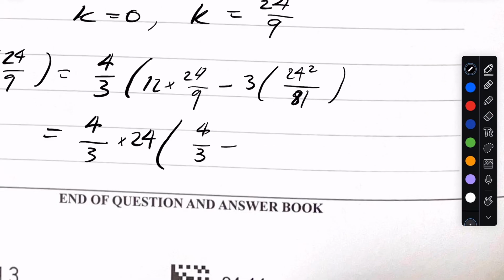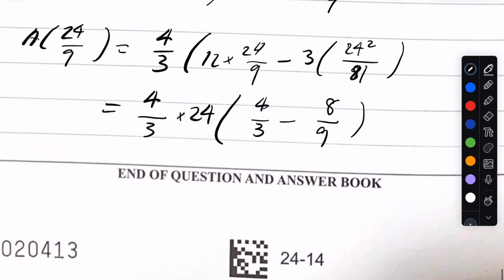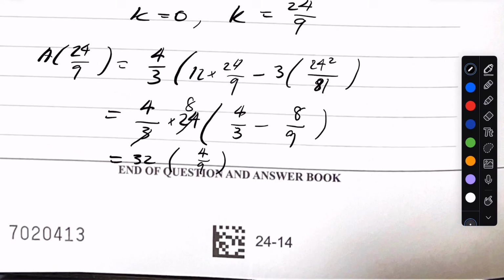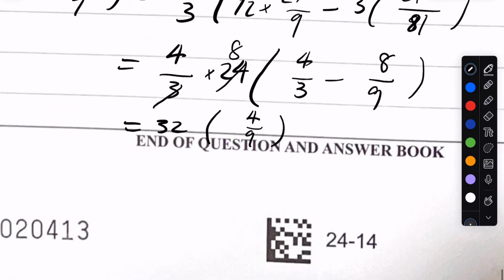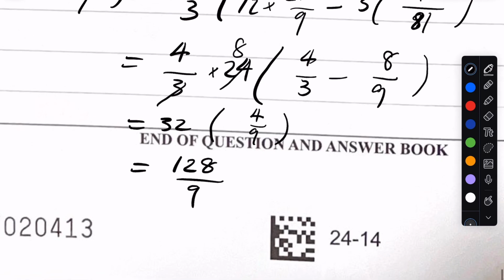So all of this is 8 on 9. And that's 8, so that's 32 times by 3. 12 minus 8 is 4 on 9. And that works out to be 128 on 9. And see if 3 goes in. It doesn't go in.